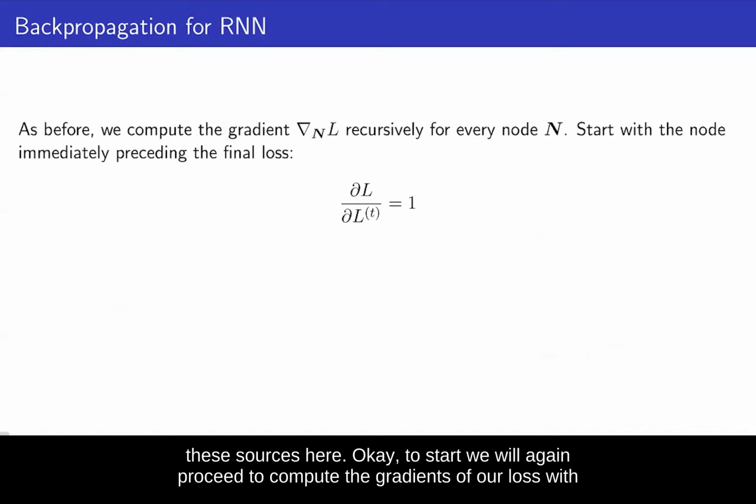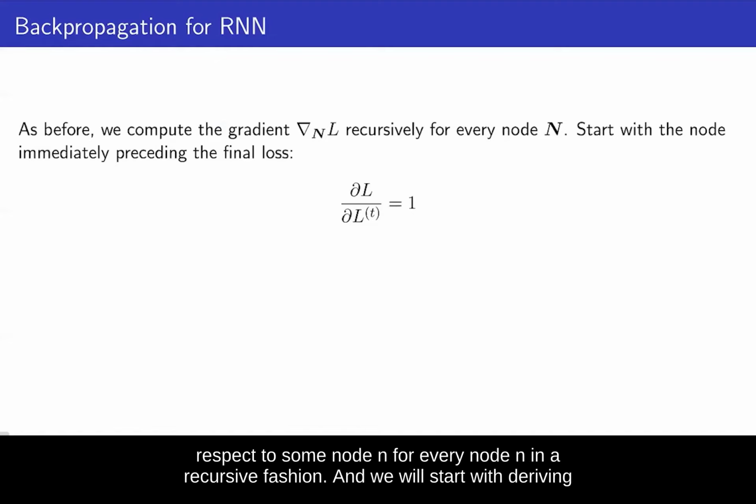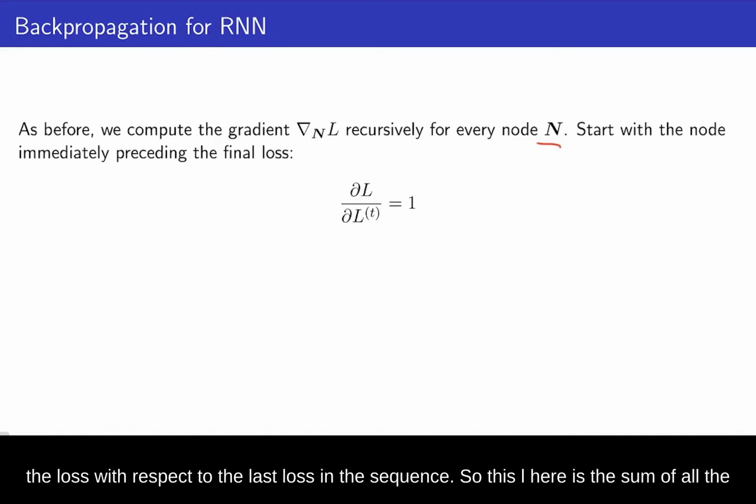Okay, to start, we will again proceed to compute the gradients of our loss with respect to some node n for every node n in a recursive fashion. And we will start with deriving the loss with respect to the last loss in the sequence.